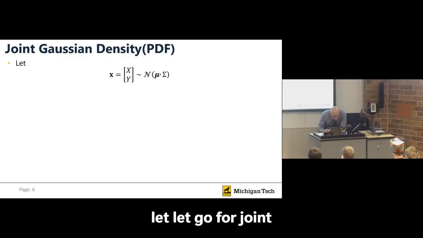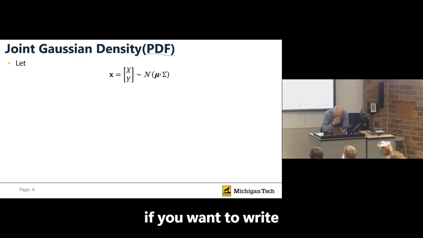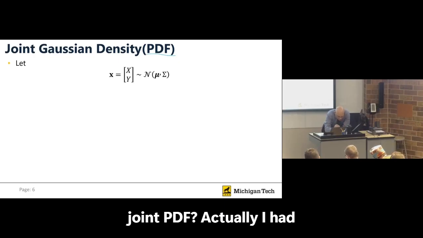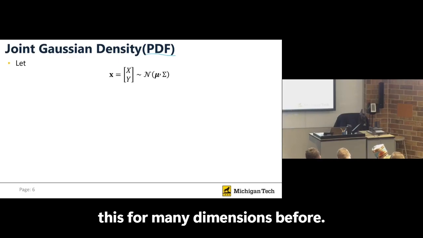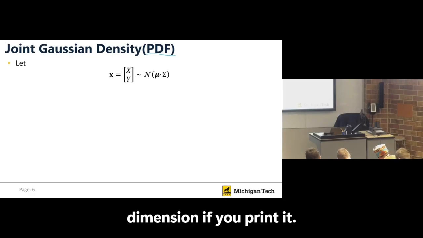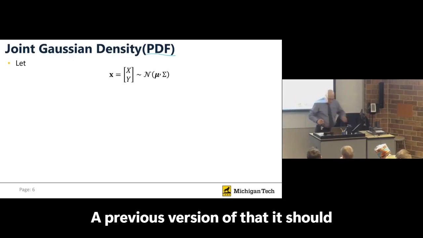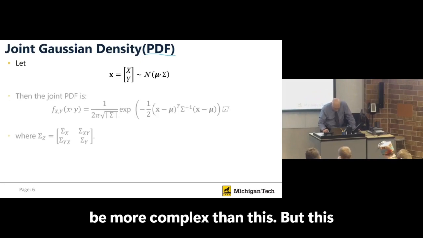let's go for joint PDF. What about if you want to write the joint PDF? Actually, I had this for many dimensions before. I changed that to 2 dimensions. If you printed the previous version of that, it should be more complex than this.